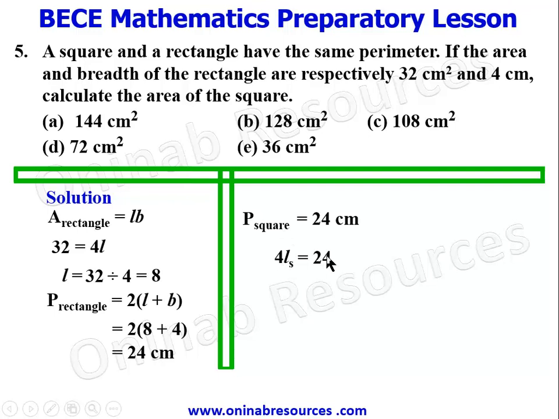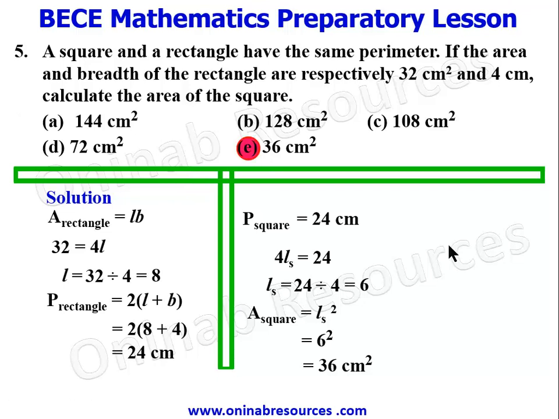Dividing both sides by 4, we have the length of the square to be 24 divided by 4, which gives 6. And now the area of a square is L squared, and that gives 6 squared, which gives 36 squared centimeters, and which corresponds to option E. And that's the end of solution to problem 5.